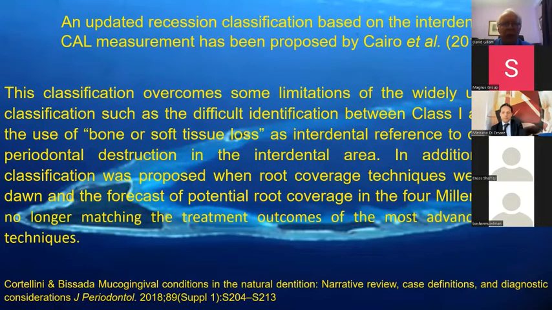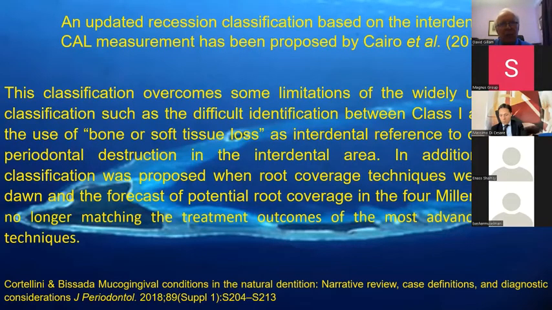And to be fair, as I was highlighting, Miller proposed his classification when root coverage techniques were at their dawn, very much in their infancy, and unfortunately his forecasts of potential root coverage are no longer matching the treatment outcomes of the most advanced surgical techniques.